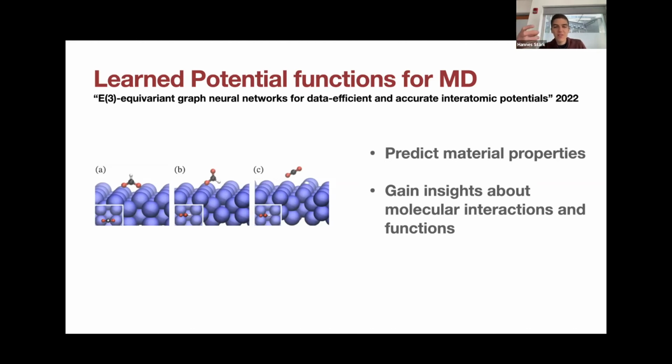Now we have a graph neural network of this whole system, and we have it predict an energy of the current state. If two atoms are much closer together than they could be in reality, then the energy of the system that we predict should be very high.